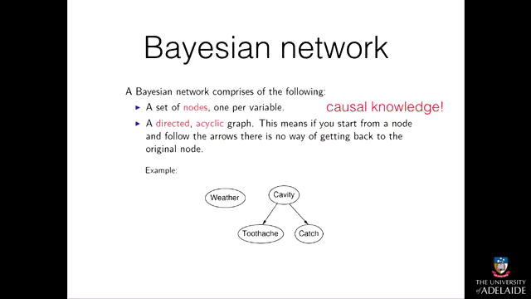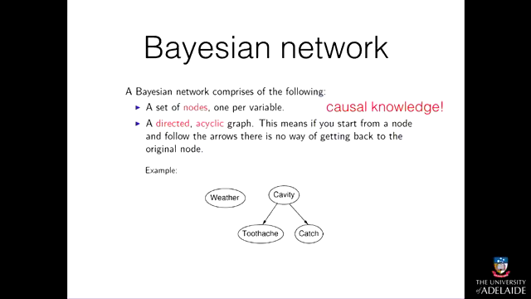In a Bayesian network, the edges are directed, which means if you have node A and node B, they will be linked from A pointing to B. But if there is a link from B to A, it will be a different edge. So the direction is important for a Bayesian network.